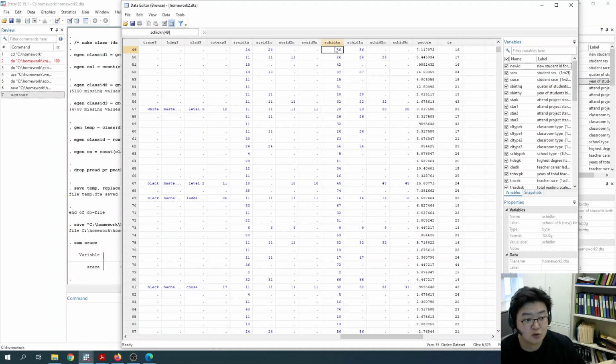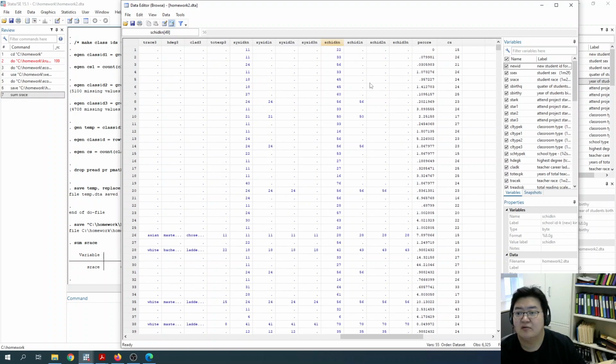And here, this variable is the school identifier. Each school has its own identification number. The first student attended school number 22. I don't know which school this is. What we can tell here is this student and this student attended the same school, school 33.